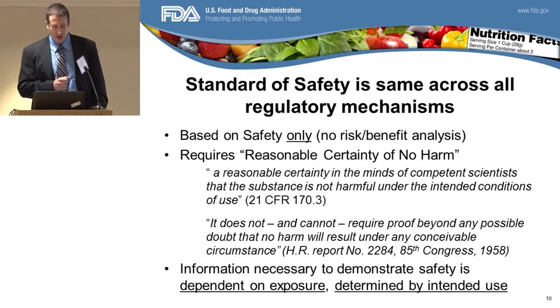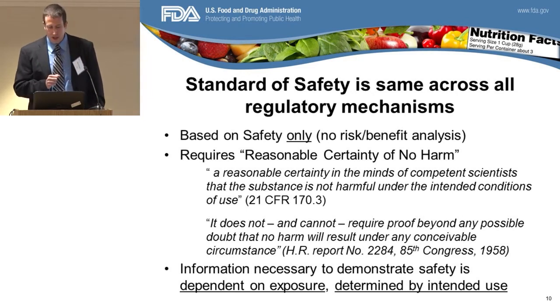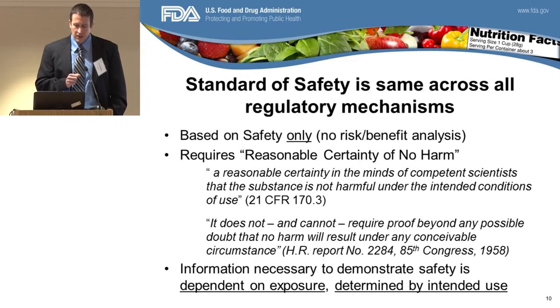The toxicology idiom of dose makes the poison is applicable here, and therefore, as exposure increases, we do have more stringent toxicological requirements, but it's also important to note that the exposure is determined by the intended use, and this allows refinement of the exposure calculations in order to give a more realistic evaluation of what the exposure will actually be.